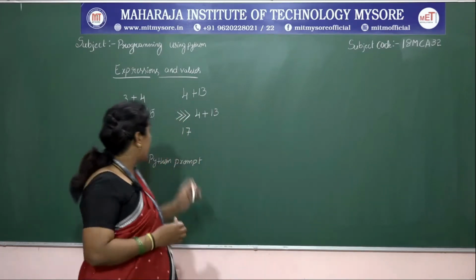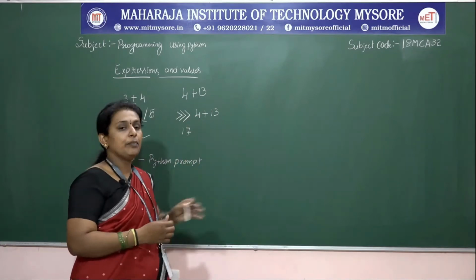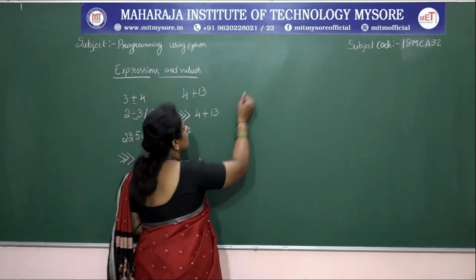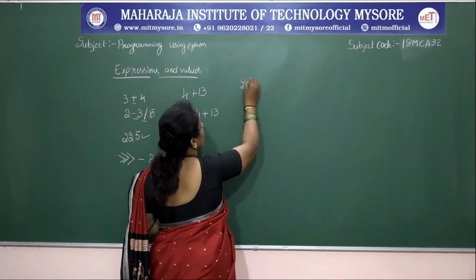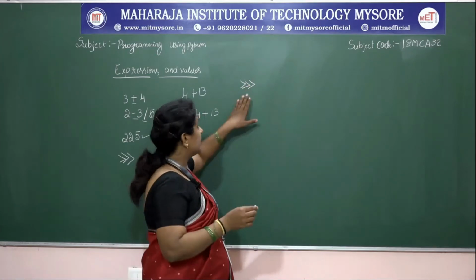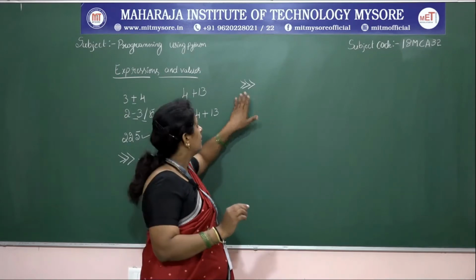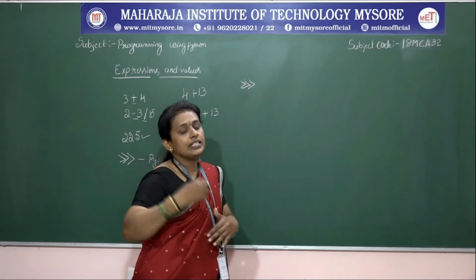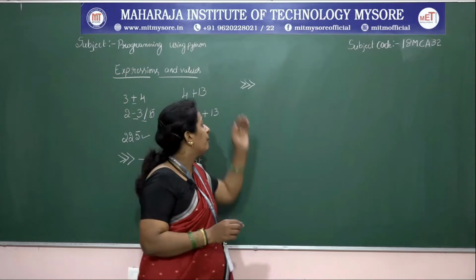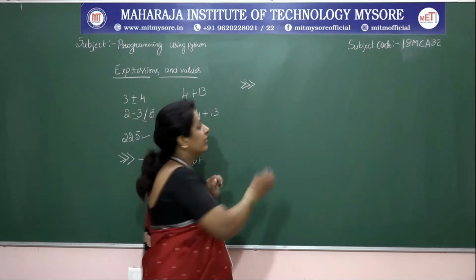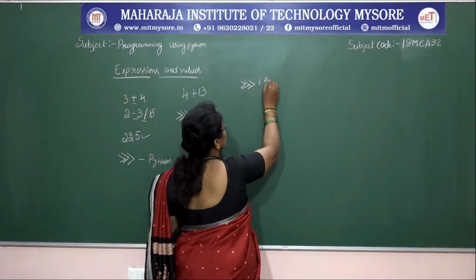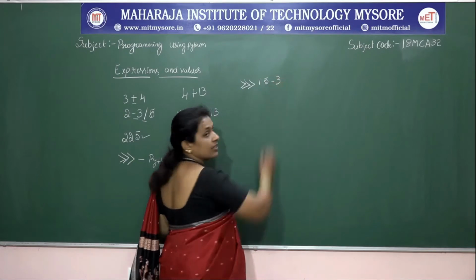Similarly to addition, we can perform subtraction. Don't write this prompt, it will be there in your shell. To help you understand, I am writing this symbol to indicate a command. 15 minus 3. What is the answer?